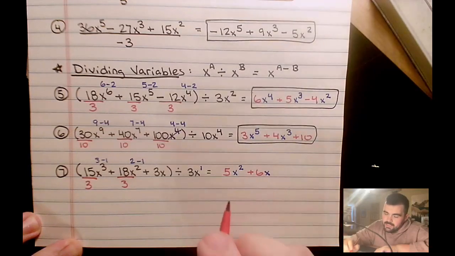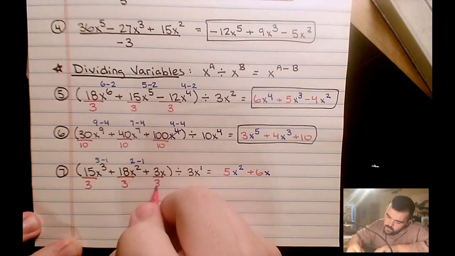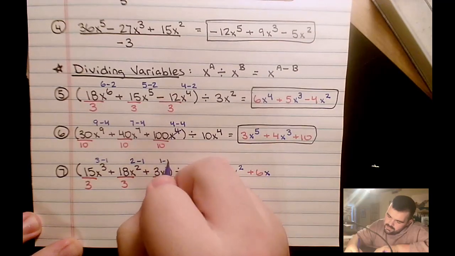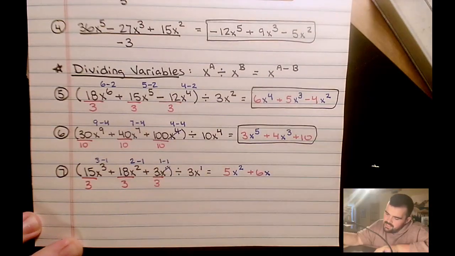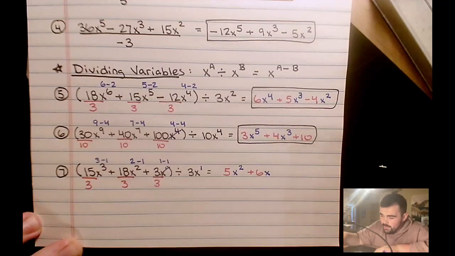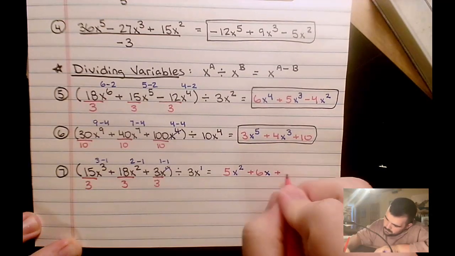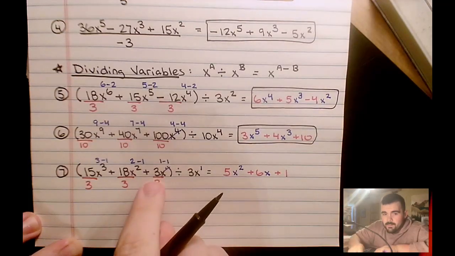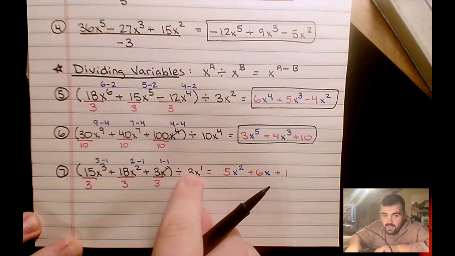Ooh, this is tricky. 3 divided by 3 is 1. And x to the first, 1 minus 1 is 0, so that cancels out. So what do we put back here? Well, we put 1. We have got to put that 1 here because we really divided something, 3x, by itself, 3x.